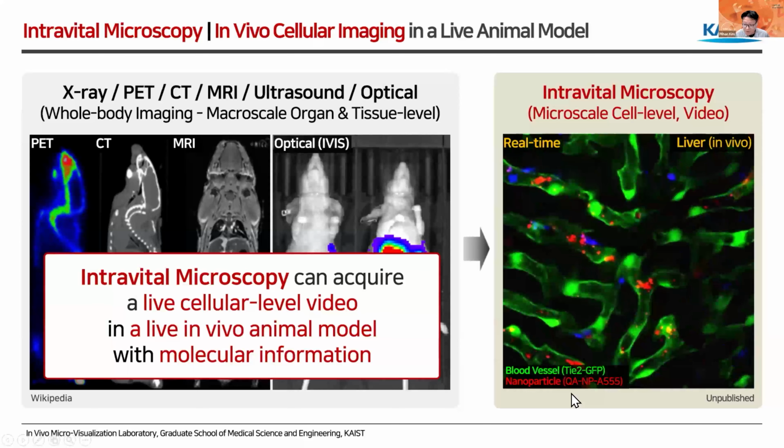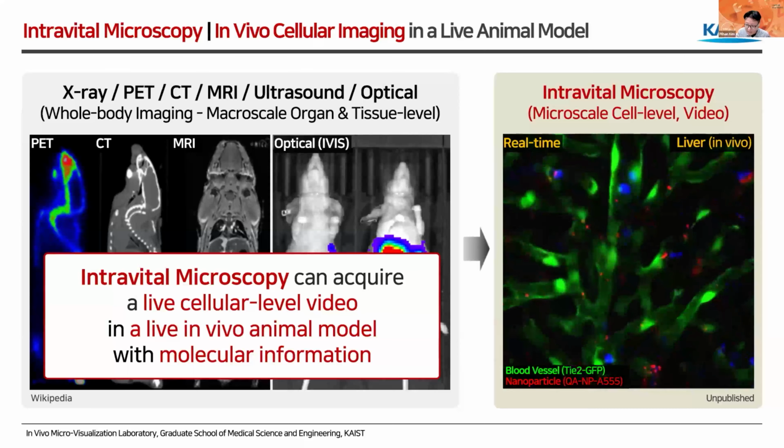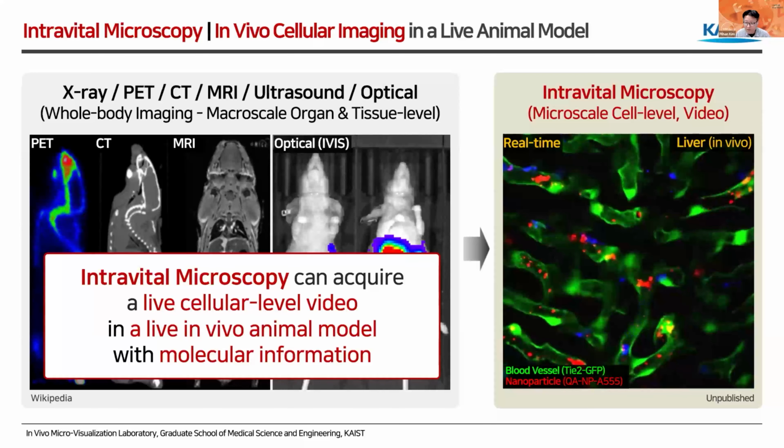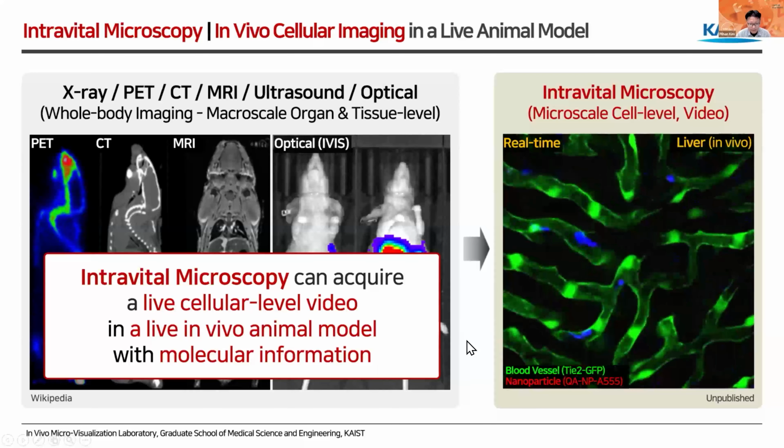The red color is the nanoparticle, the fluorescently labeled drug injected through the tail vein. You can quickly see how they distributed and then delivered to the target organ, in this case, the liver.